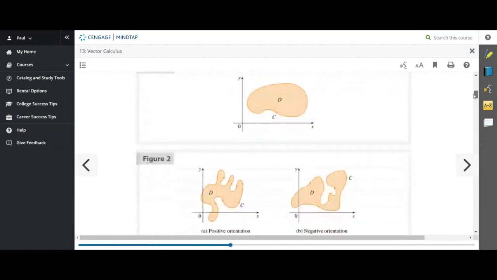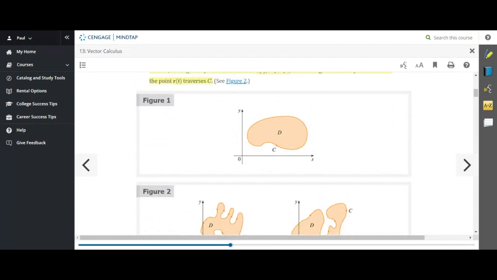So figure 1, okay, you have a contour, a path C that's closed. Now, Green's theorem is when you have a closed path, and the particle is moving counterclockwise in figure 1, and we call that positive orientation.